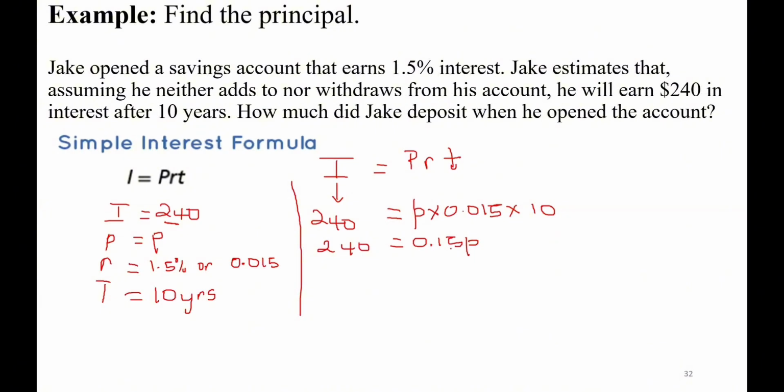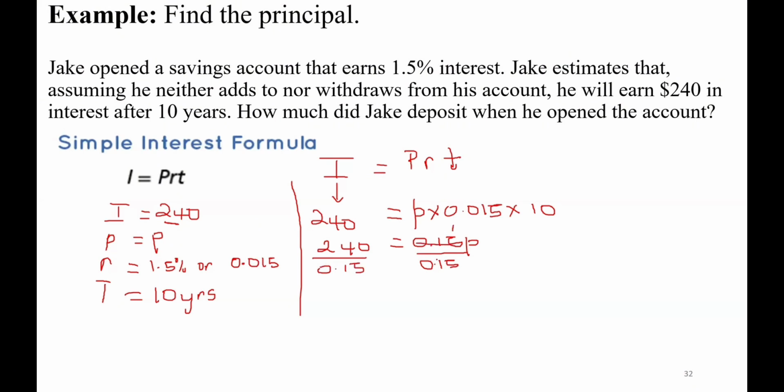Now I need to solve for P, meaning that I need to get P by itself. So I'm going to get rid of this 0.15. To do that, I divide by 0.15. If I divide the right, I do the same thing to the left, divide by 0.15.